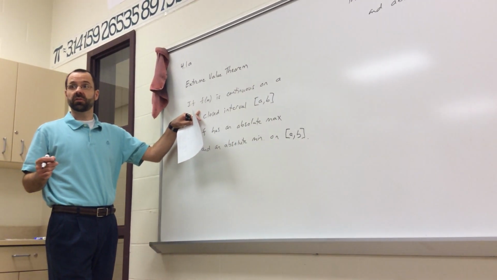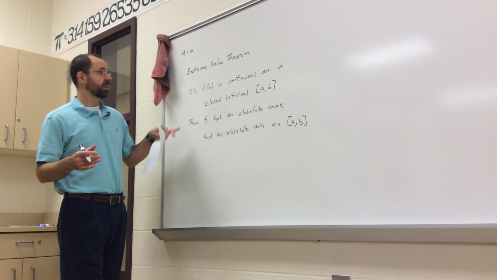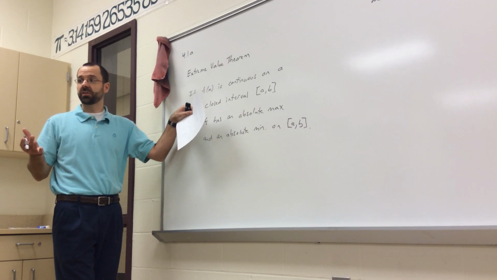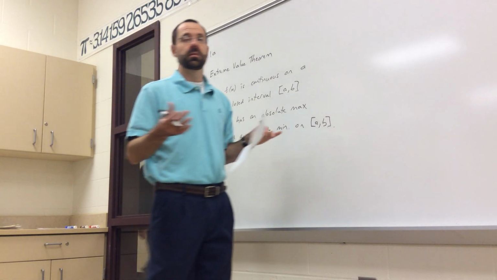Since it's only guaranteed to have an absolute max and an absolute min when you have a continuous function on a closed interval, the method I'm about to show you only works for continuous functions on a closed interval. And because of that, it's called the closed interval method.